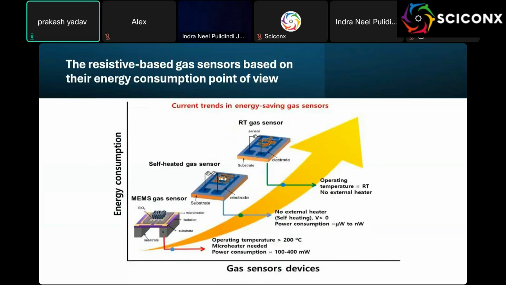But when we are talking about the self-heated gas sensor, it depends on the materials. We don't require the external heater, but we require the voltage, and we require a lesser amount of power consumption, microwatts to nanowatts to operate this sensor.